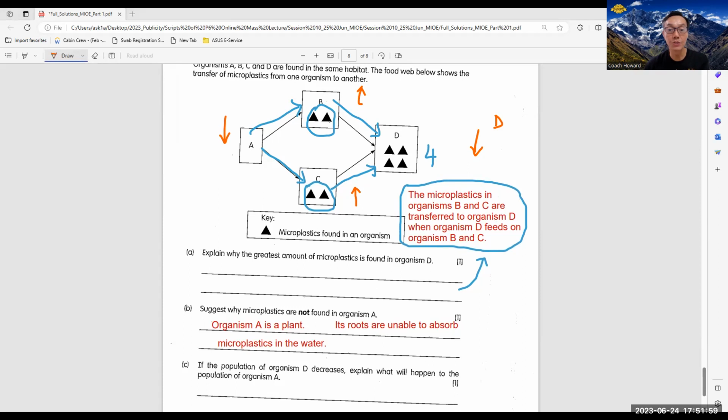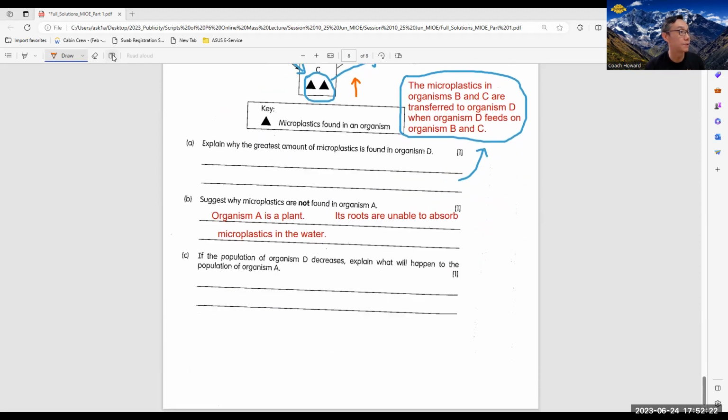So they explain, there will be fewer consumers feeding on A. That means D is a predator. So there are fewer predators feeding on B and C, so the population of B and C will increase. So when more B and C feed on A, the population of A will decrease. This one I will write here for you.